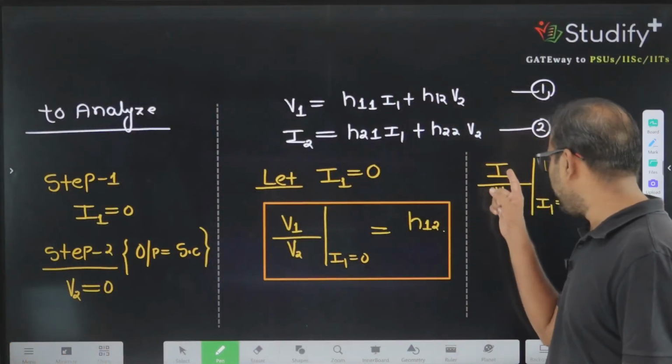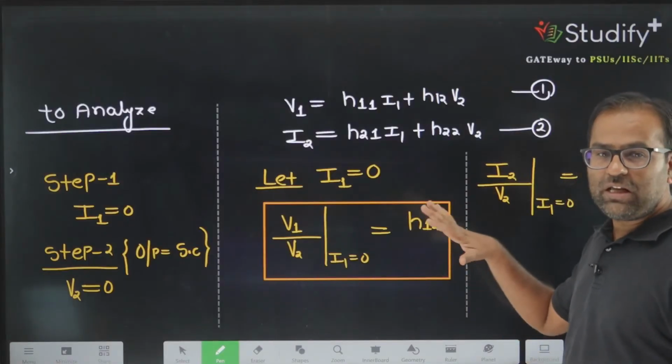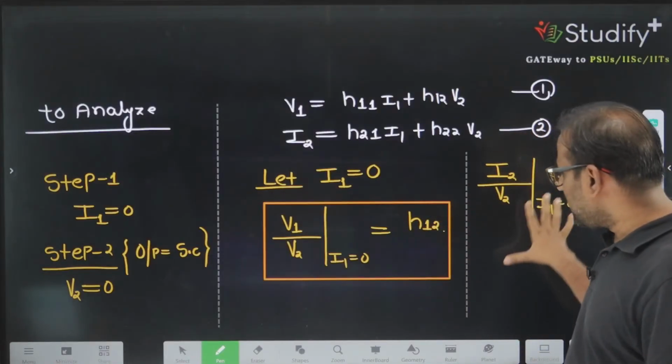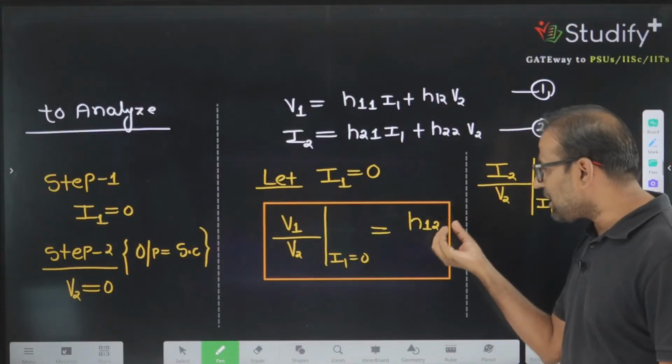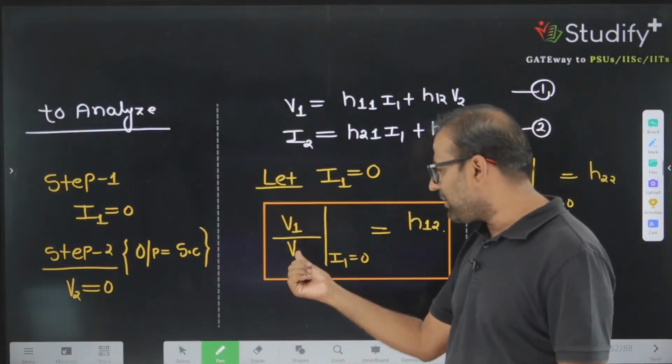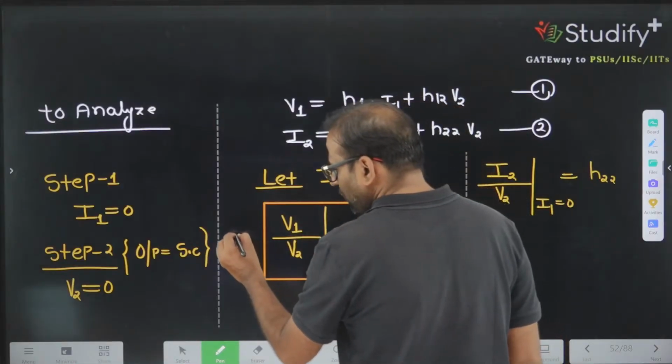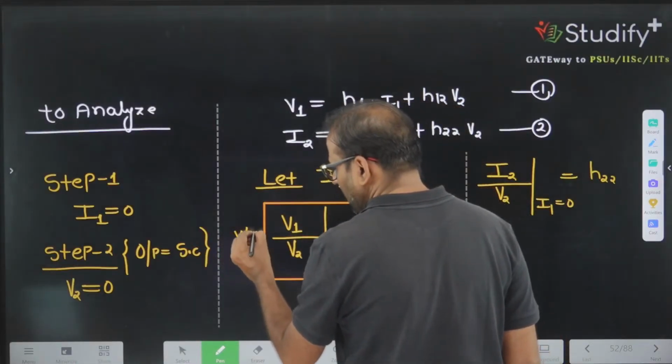This is the hybrid parameter, and all the units are different. When you talk about V1 by V2, this is volt by volt, a unitless quantity.